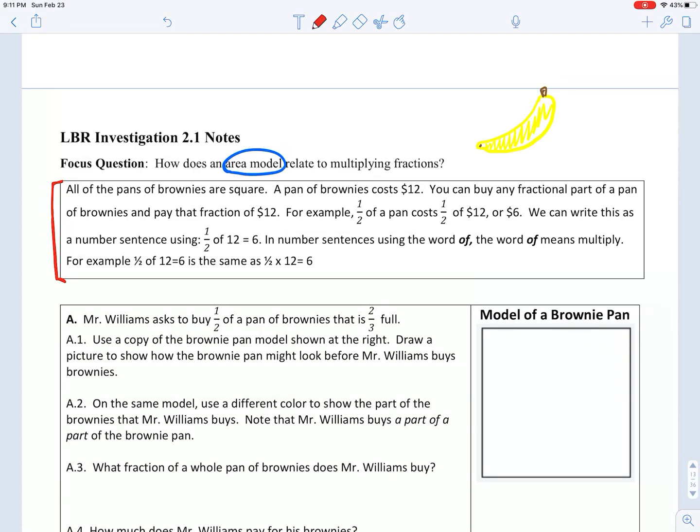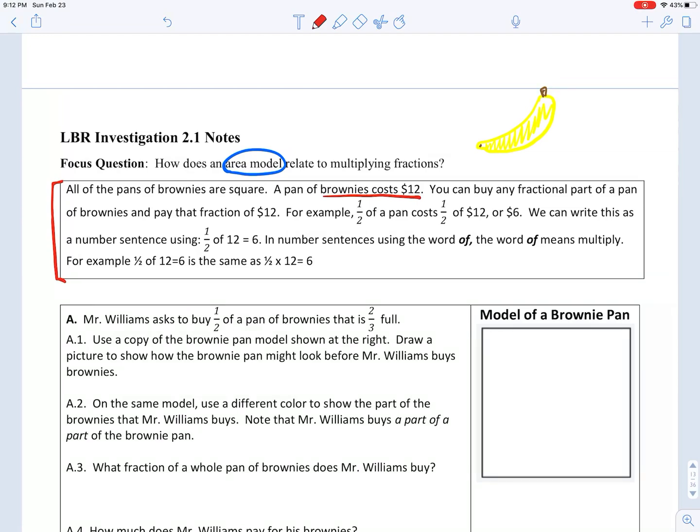All of the pans of brownies are square. A full pan of brownies costs $12. I think that's important. You can buy any fractional part of a pan of brownies and pay that fraction of $12. For example, 1/2 of a pan costs 1/2 of $12, or $6. We can write this as a number sentence: 1/2 of 12 is equal to 6.